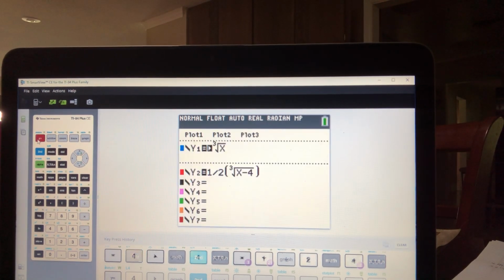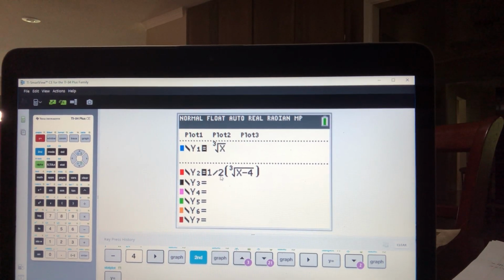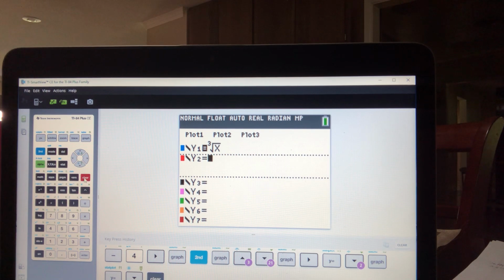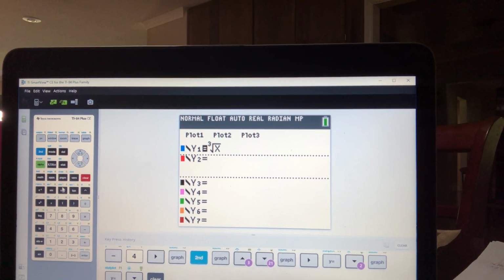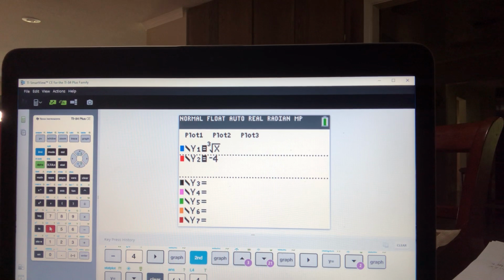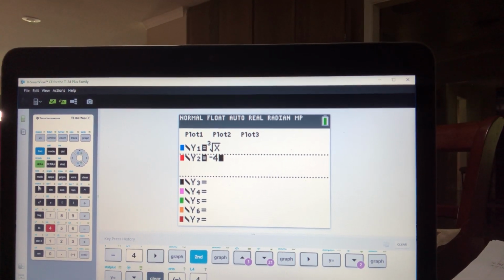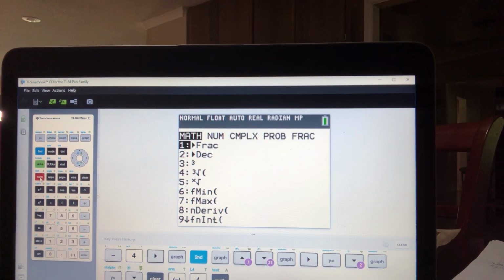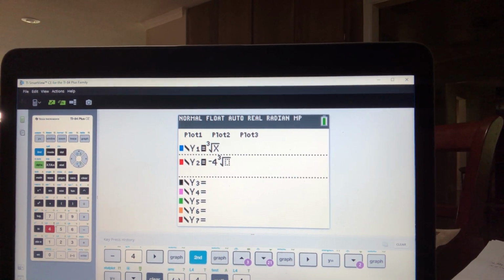Okay, so one more and we'll be finished. I'm going to keep that first one the same, so just arrow down. And I'm going to erase the second one. Okay, so this one has a -4. That's a negative symbol, not subtraction, is what I meant to say. Okay, so -4, cube root symbol under math, number 4, and inside of it is just the x.